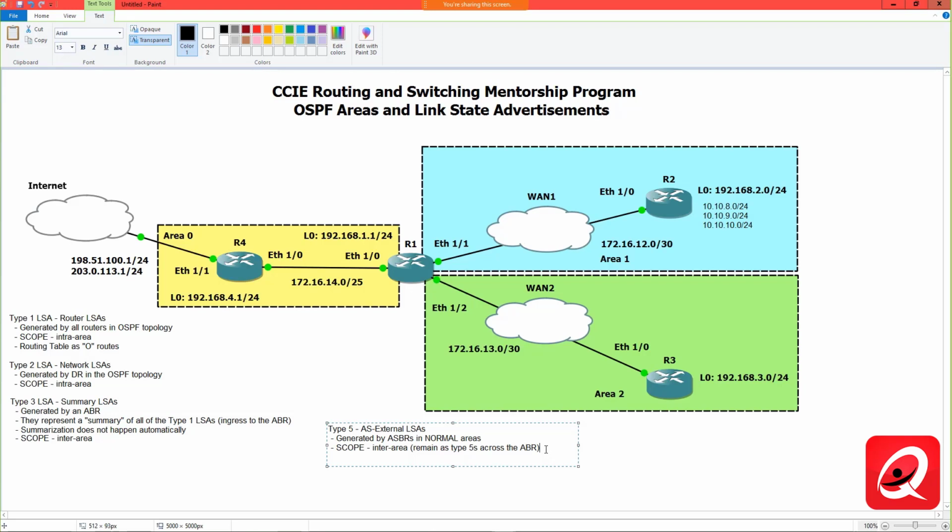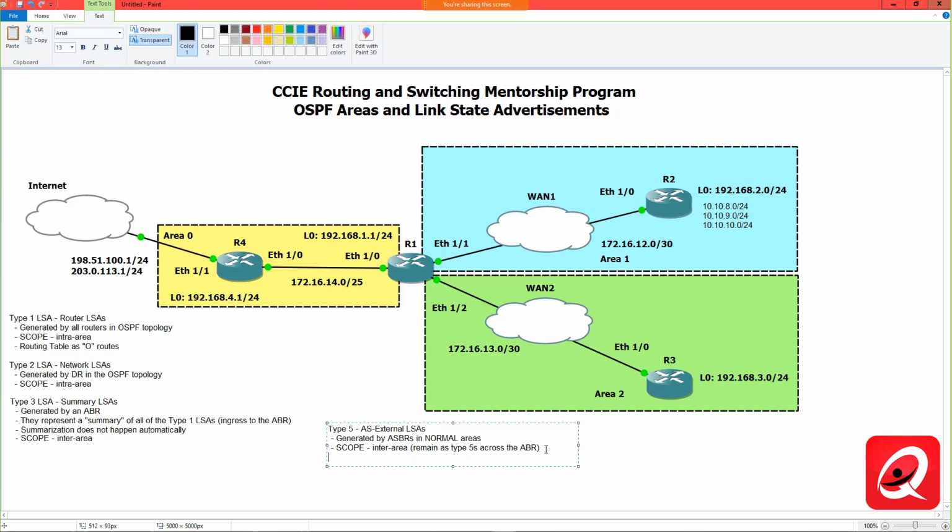So router 4 in this case is redistributing routes from the internet. It's generating type 5 LSAs into the topology, into area 0. Well, those type 5 LSAs stay type 5 LSAs as they move into area 1 and area 2.